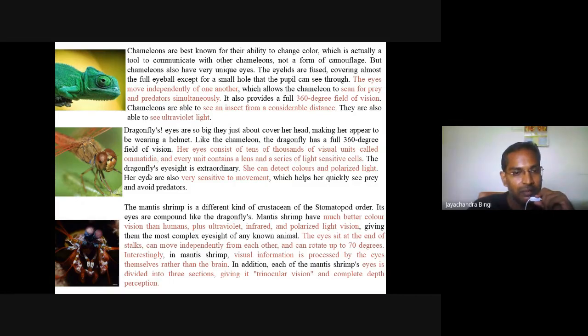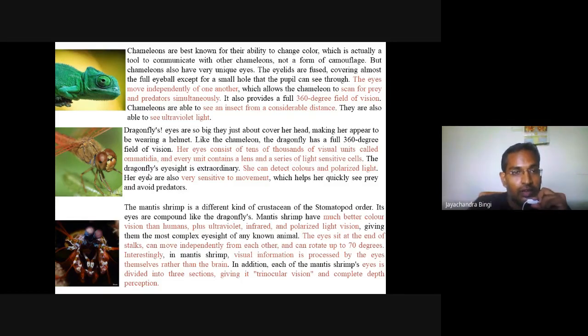That means it has a sensor component, but the motion of the sensor component actually matters while receiving the information. It is able to establish a 360-degree field of vision.